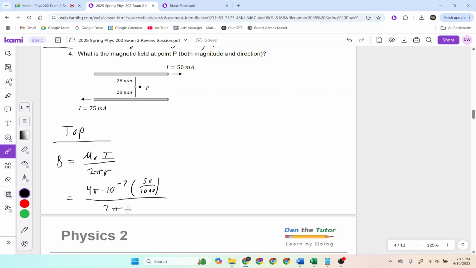It's 28, just the distance to the point P. So that's going to be 28 divided by 1,000 because it's milli. You plug that in a calculator. 3.58 times 10 to the minus 7th. Units are Tesla, named after the car company, obviously, and not some famous physicist.